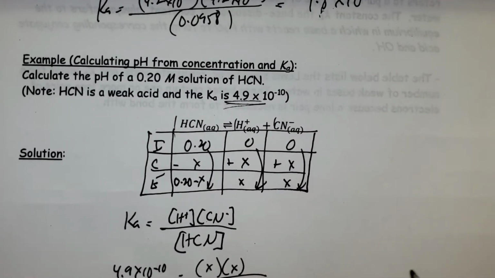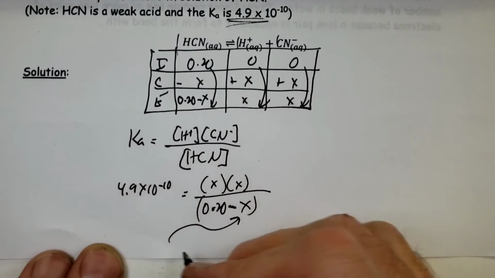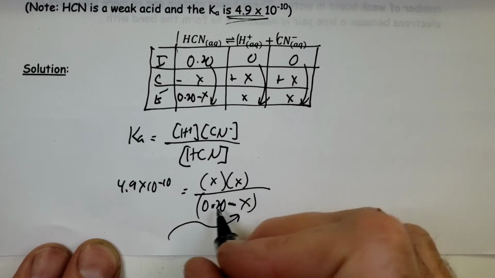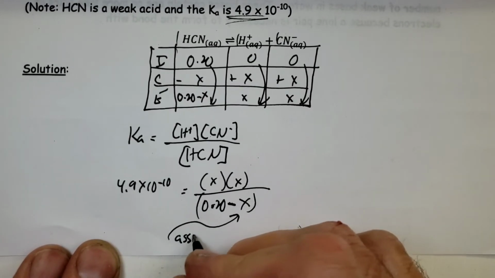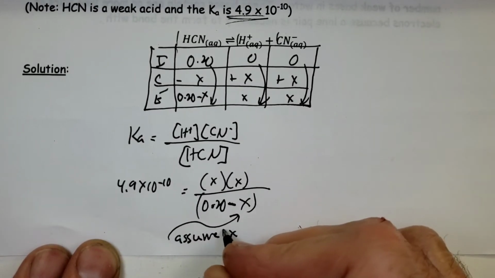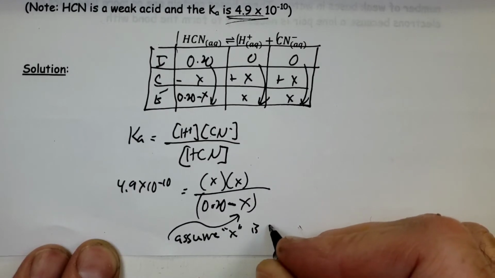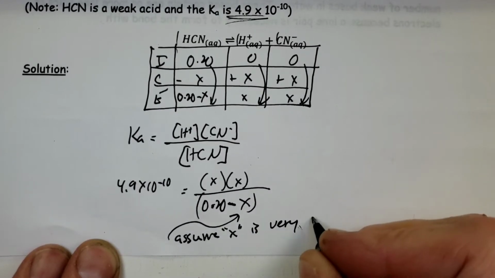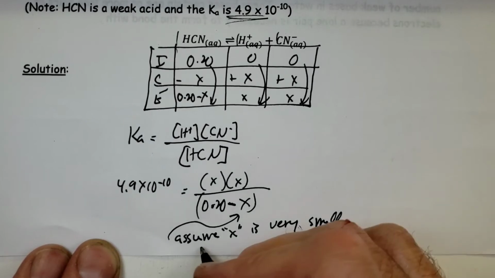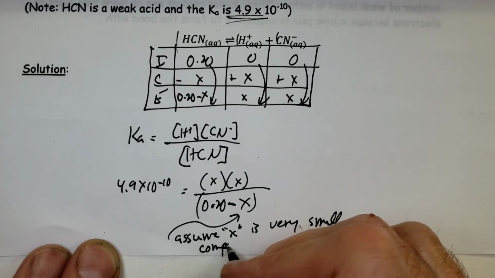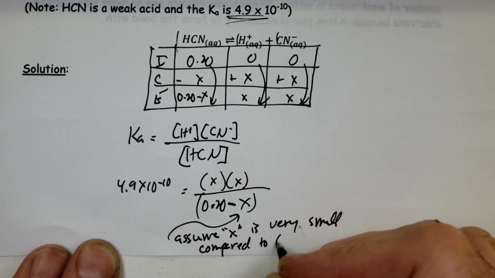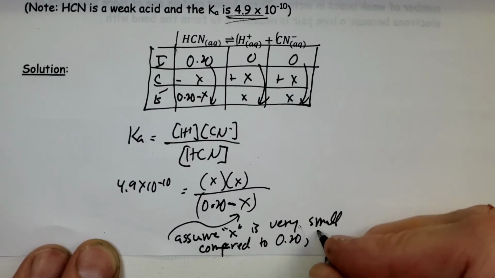Now, very similar to what we did before with equilibrium, it's kind of a mathematical nightmare there. But here we can assume X is very small compared to 0.20.